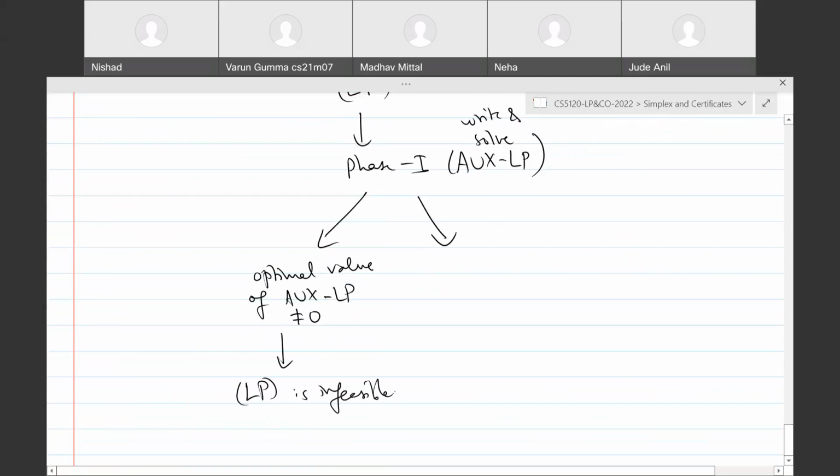Otherwise, the optimal value of the auxiliary LP is equal to 0, and in this case, we will be able to get a feasible basis of the original LP.